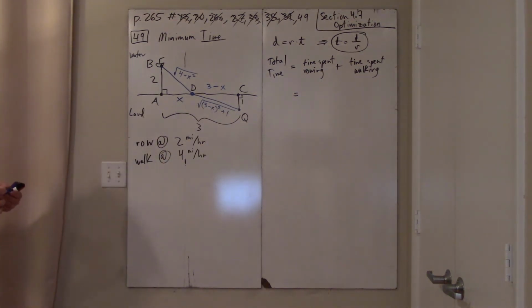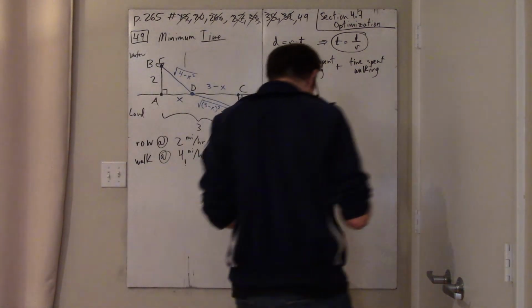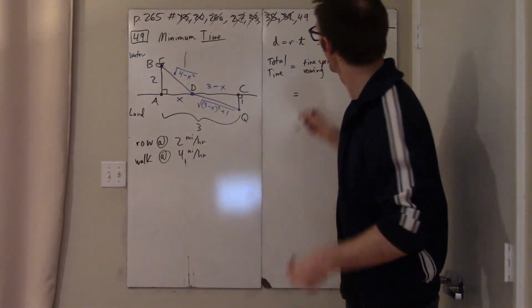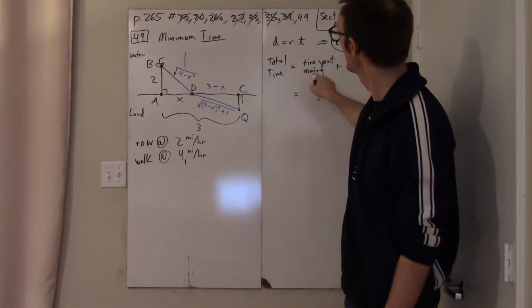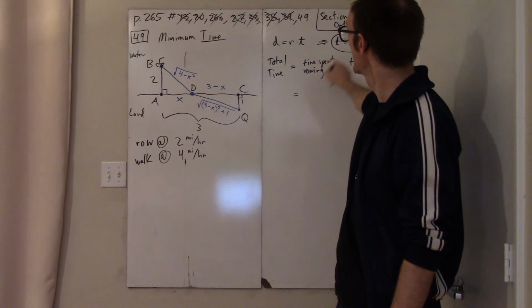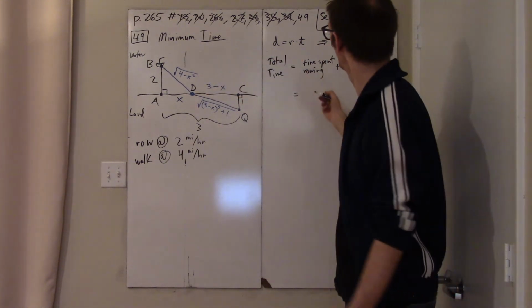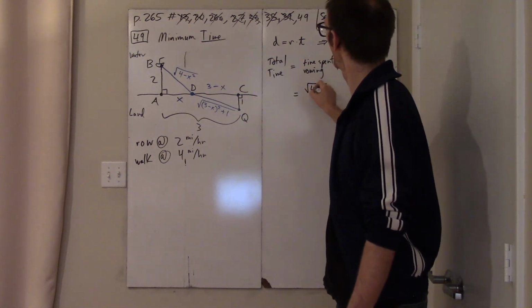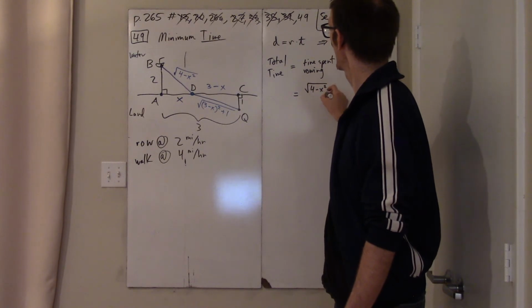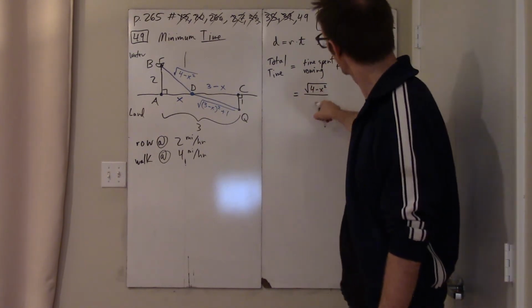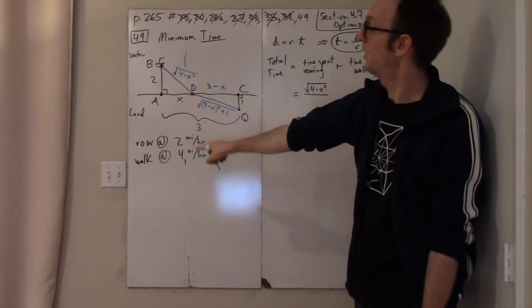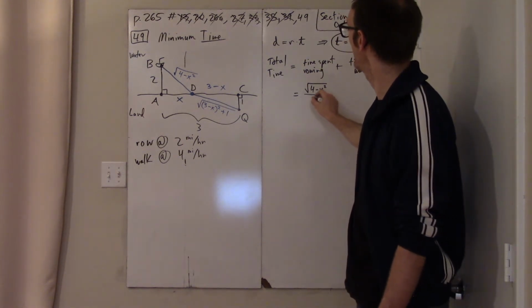Okay, and so after all this, what is my time spent rowing? My time spent rowing is the distance that I row, which is root 4 minus x squared, over the rate at which I row, 2 miles per hour.